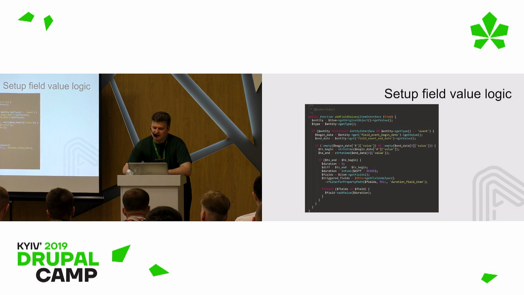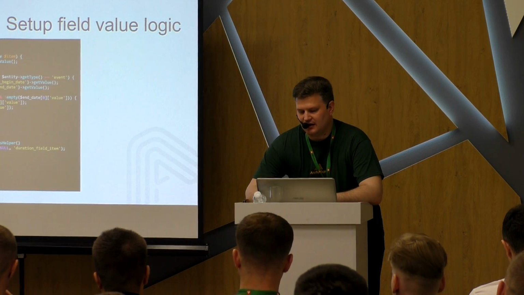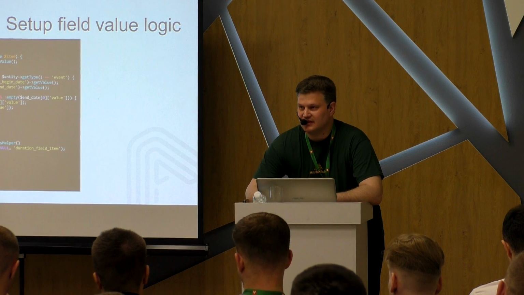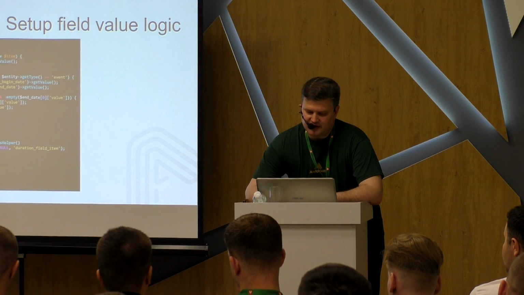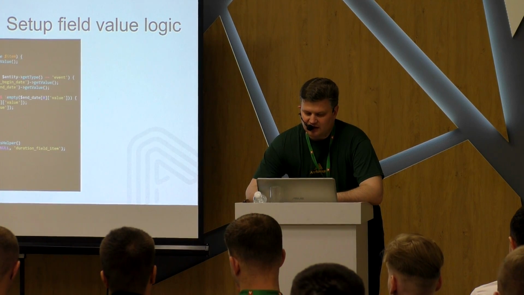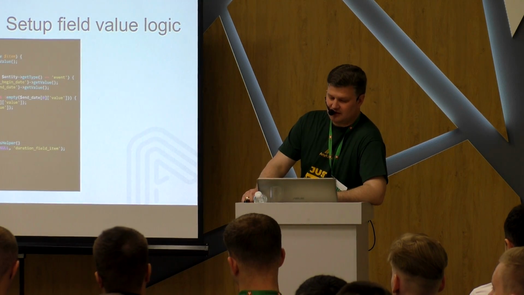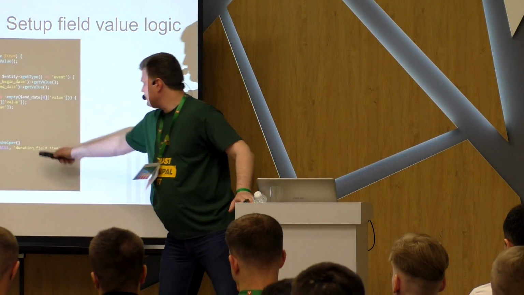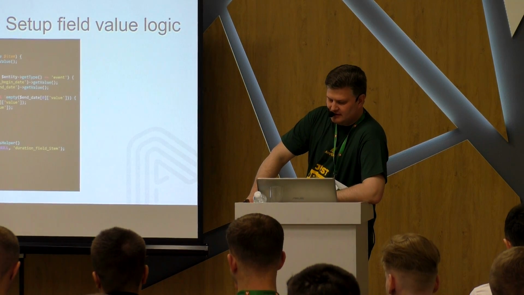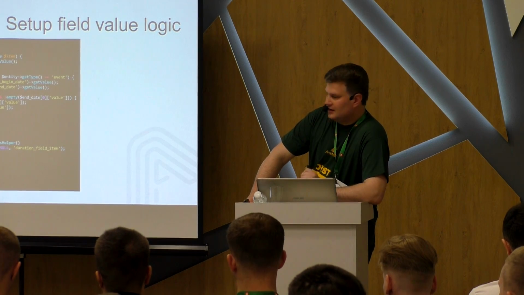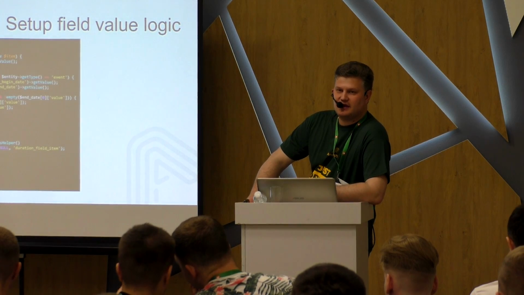We can check that these values are correct, so the end date is greater than the begin date. And after that, we can calculate the duration of the event, and at this point we can save the value inside our custom field, and this value will be stored inside the index.